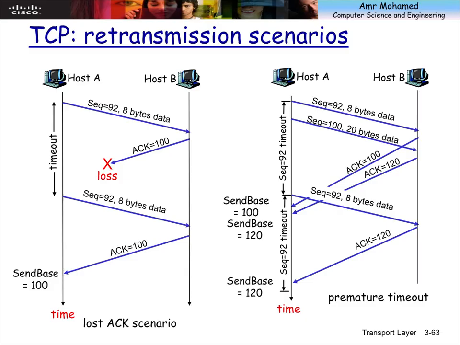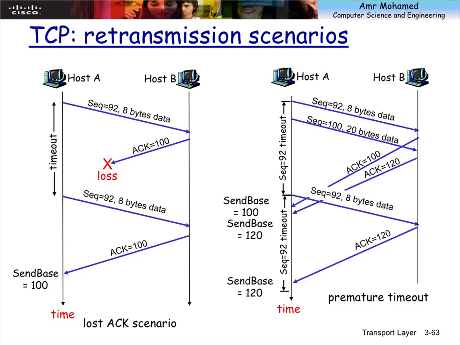Here, the issue is that I have a premature timeout. What we're trying to say is that with Go-Back-N, when it times out, I would send both segments again. But TCP will not do this. TCP will only send the first one.